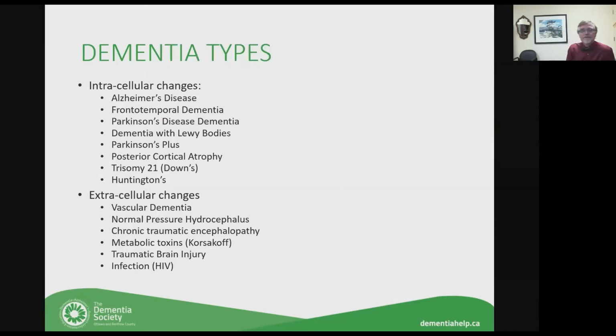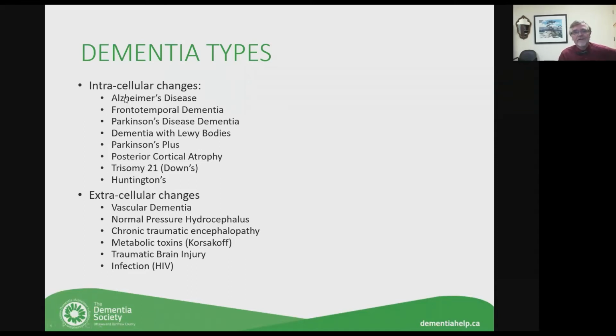All right, so we did say that dementia can be caused by a number of things, and the first thing is to regroup them into two groups. So there are the diseases that happen inside the neuron. Bad things can happen inside the neuron that can cause the cells to get sick and to die, and the connections between cells to deteriorate, and ultimately brain function to deteriorate, and then our ability to live independently to be affected.